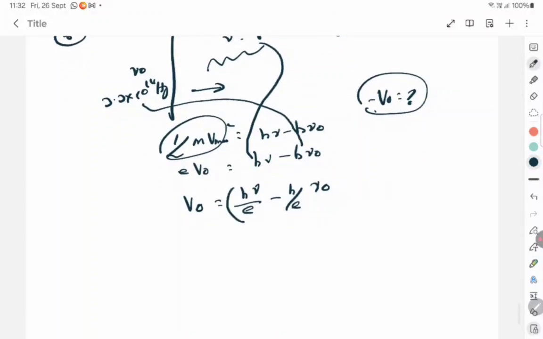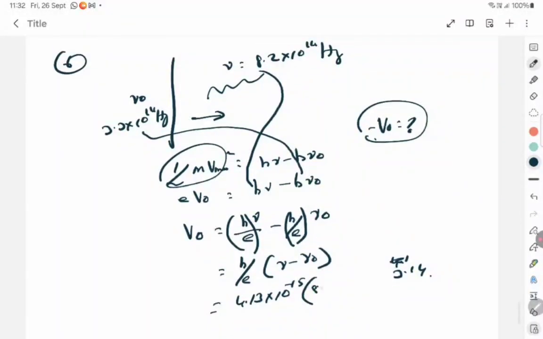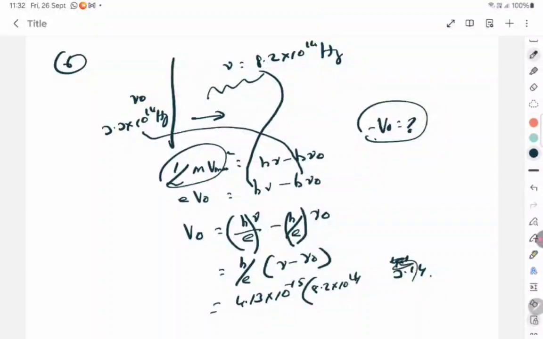The advantage is, you memorize the value of h by e. h by e is anyway constant, into mu minus mu naught. h by e is 4.13 into 10 to the power minus 15, into mu minus mu naught. Mu is the incident frequency, 8.2 into 10 to the power 14, minus mu naught, which is the threshold frequency that has been given, 3.3 into 10 to the power 14.